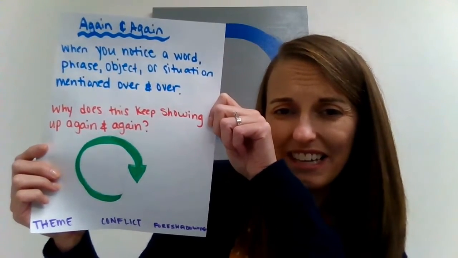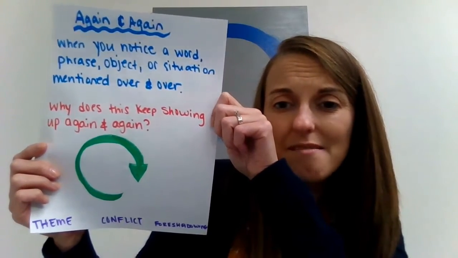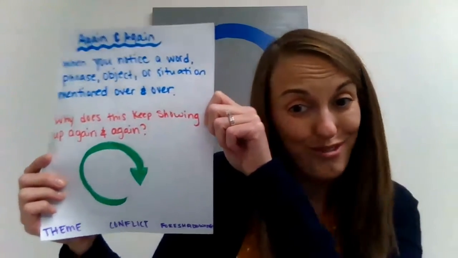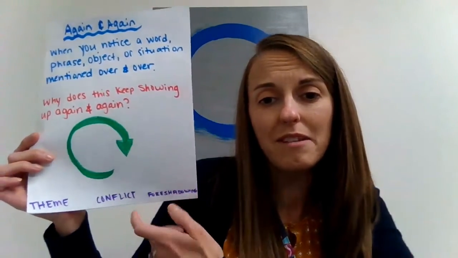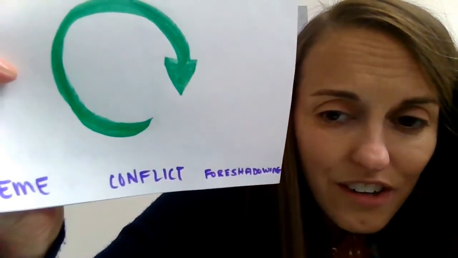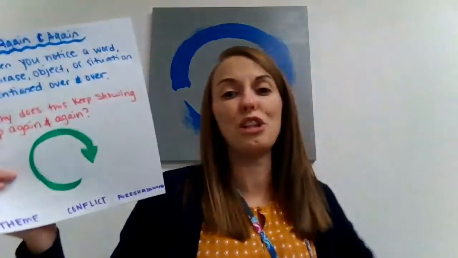Why do they keep saying this again and again? Maybe I should ask them what's wrong. Like, it'll give you some sort of hint. Maybe there's a conflict in the story, theme. And that little word over there is foreshadowing. So, like, helping you predict what's going to happen.